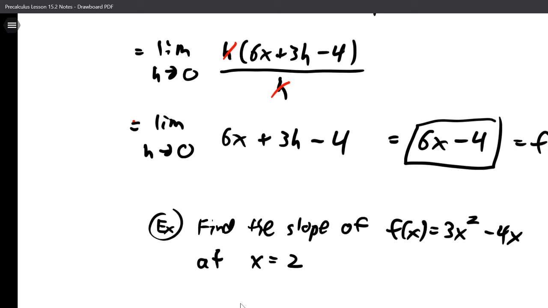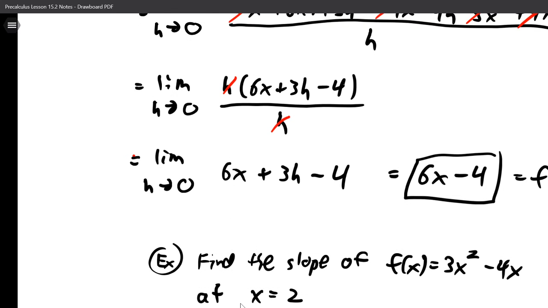That slope is found using my derivative. So I can say that f prime of 2 is 6 times 2 minus 4, which is 12 minus 4, which is 8. So this parabola, when we're at an x value of 2, the slope is 8. All right, so that's how you find a derivative the long way.